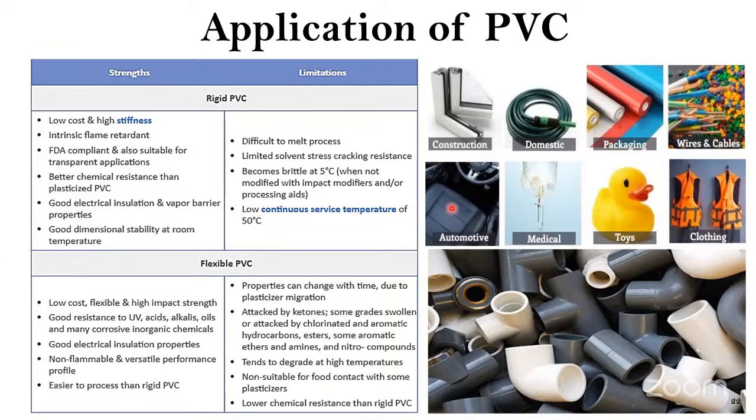So the concept of impact strength in metal is quite different from polymer, because polymer is a very different material. Polymer is a viscoelastic material and metal is an elastic material.